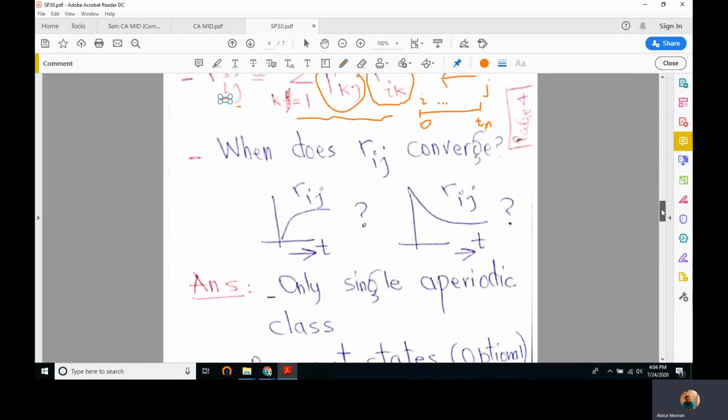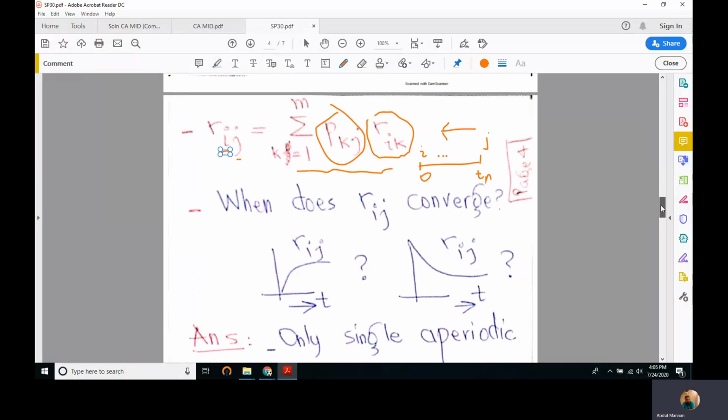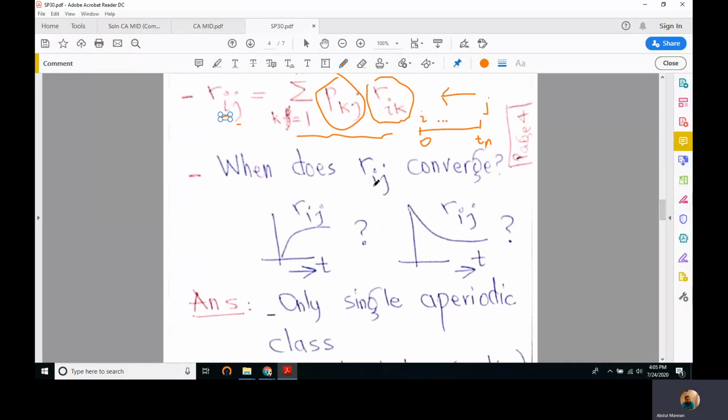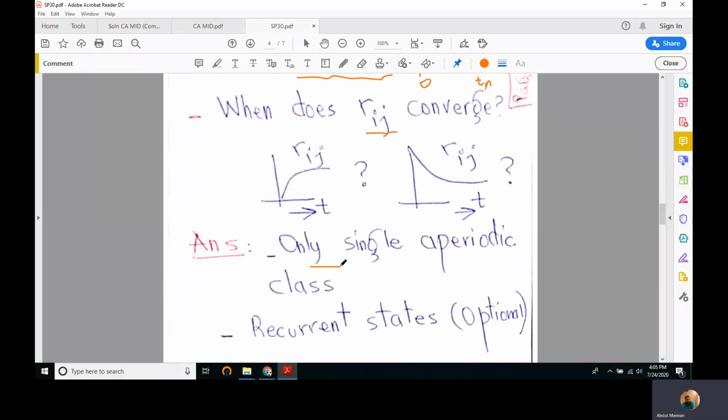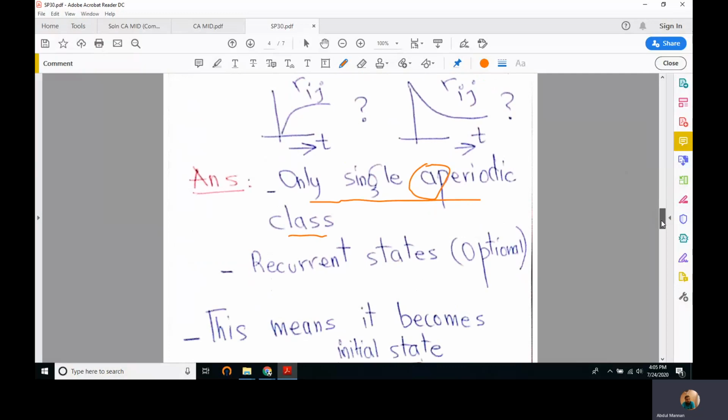Right, so when does r_ij(n), the n-step probability, converge? It converges if the Markov chain contains a single recurrent class that is aperiodic. For periodic chains, it never converges. So it converges only for an aperiodic class, and there may be transient states in the chain, and that is optional.